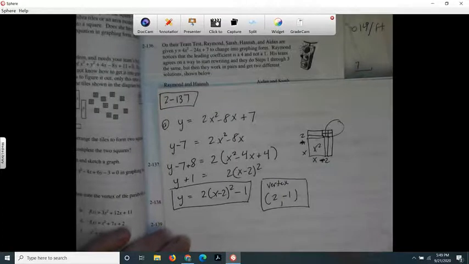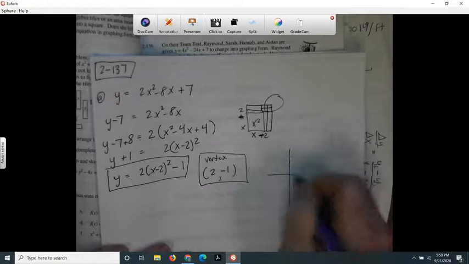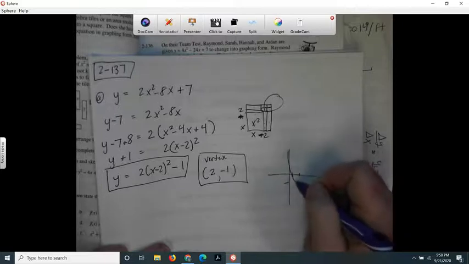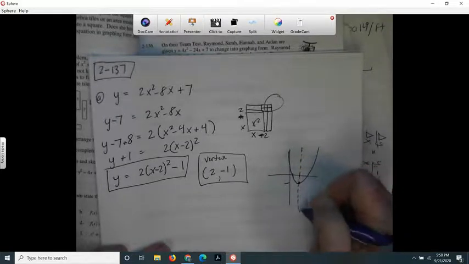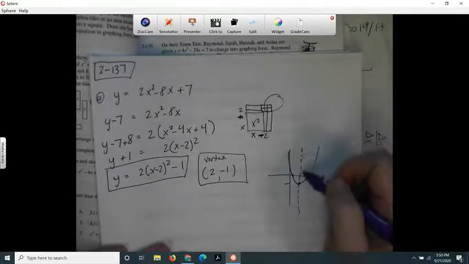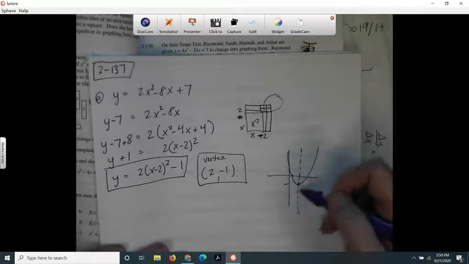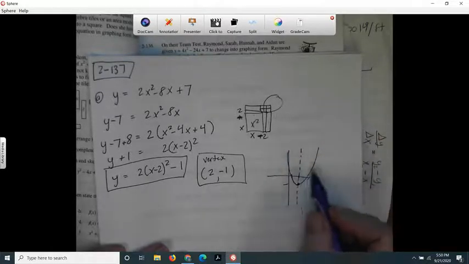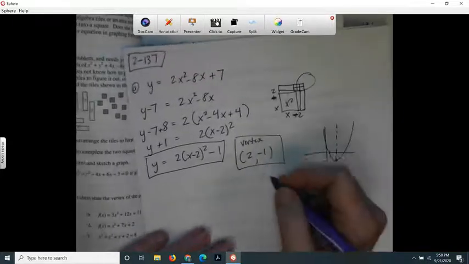And then the line of symmetry, if I did have a parabola with that vertex, is just the x number of the vertical line I can draw through it, a reflection line, a line of symmetry. So it's going to be x equals 2.